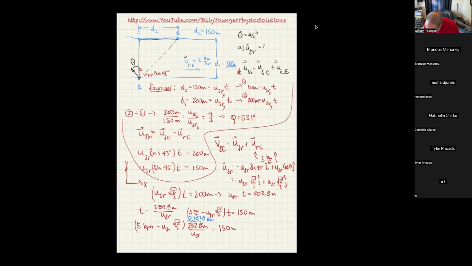So if I multiply 5 times 0.282, I get 1.414, which is way more sig figs than I wanted, but that's kilometers squared, because it's kilometers per hour times kilometers, and then it's over hours times U_SR. So that's just distributing to this first term.